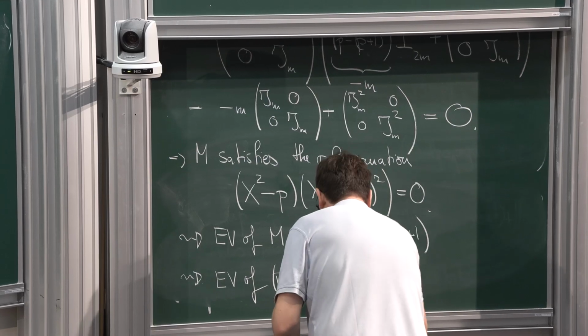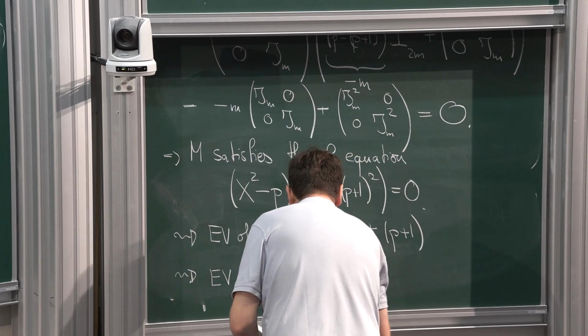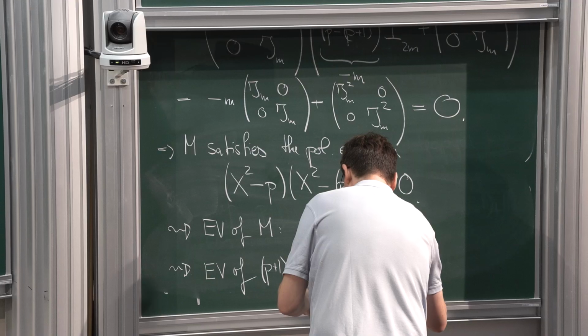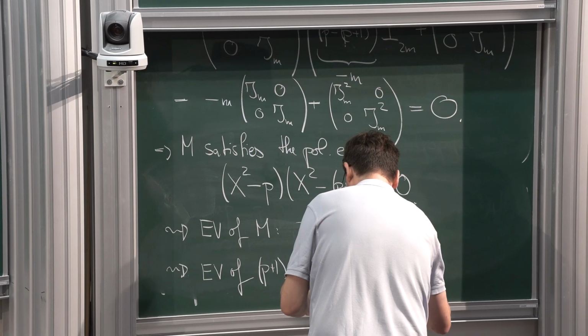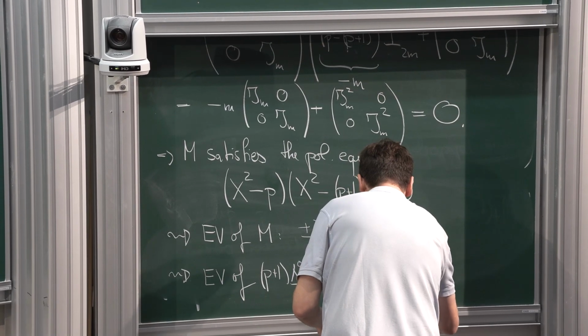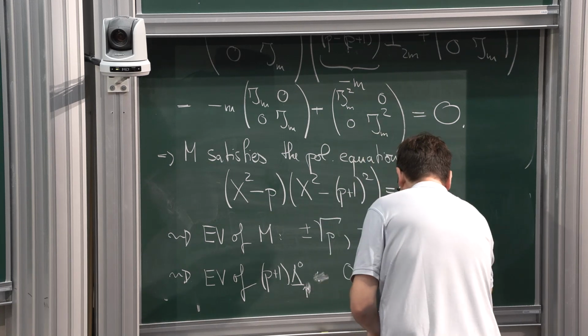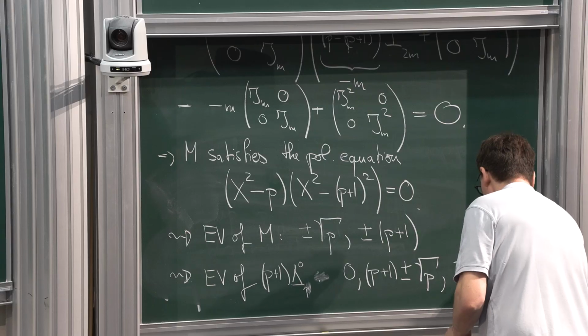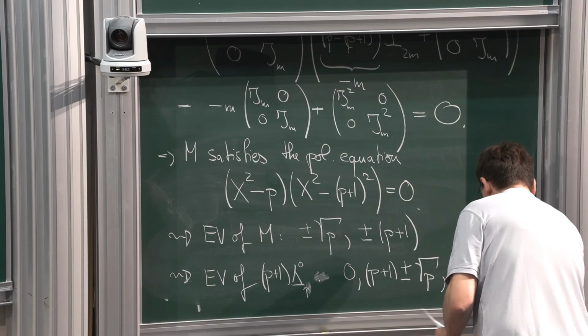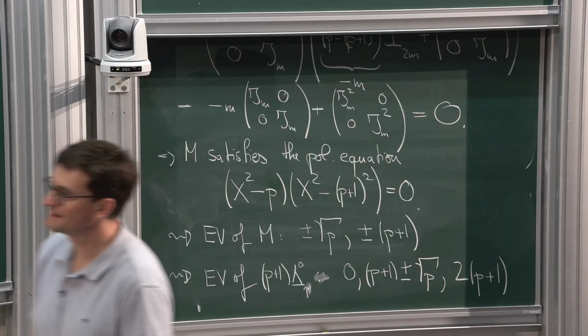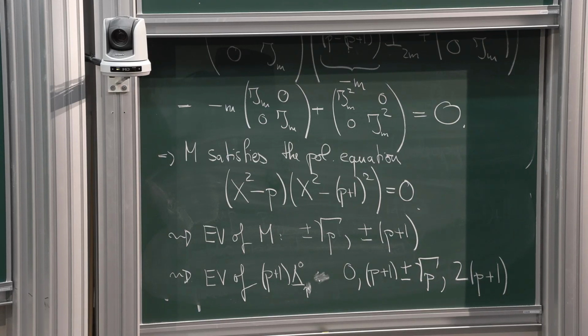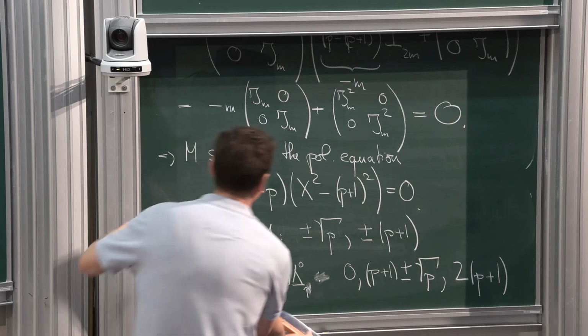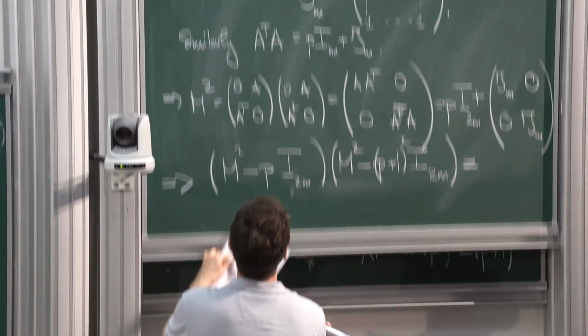So we get 0 shifted by p plus 1. So we get this. And now, fortunately, no space here.